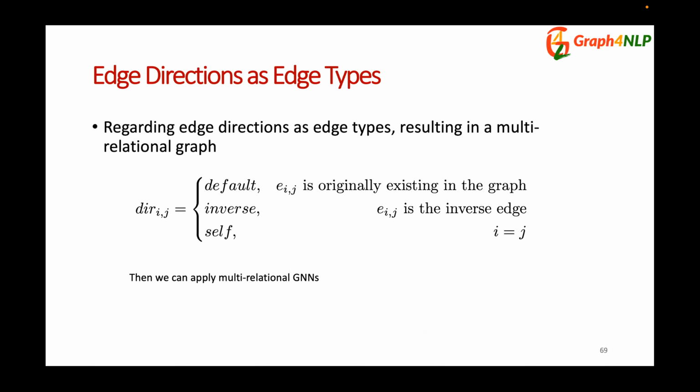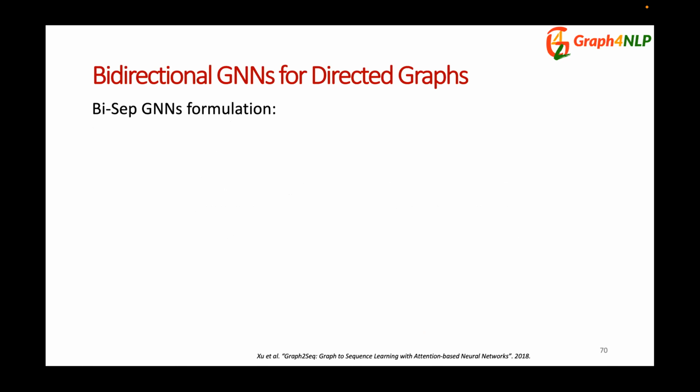We will also have a self edge type, where we add self loops on all the nodes in the original graph. By doing that, the edge types can naturally capture the edge direction information, and we can apply multi-relational GNNs to the resulting graph to encode it.